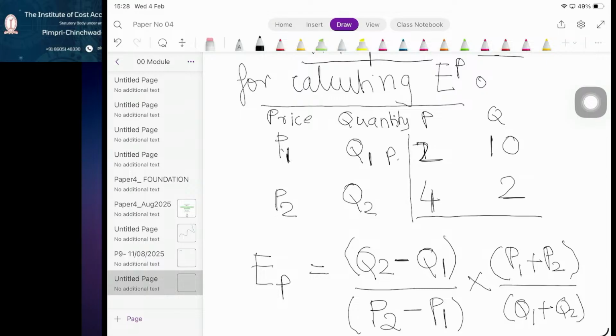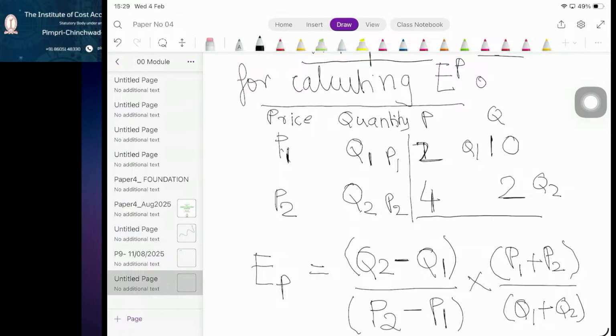Make this P1, this Q1, this is P2, this is Q2.